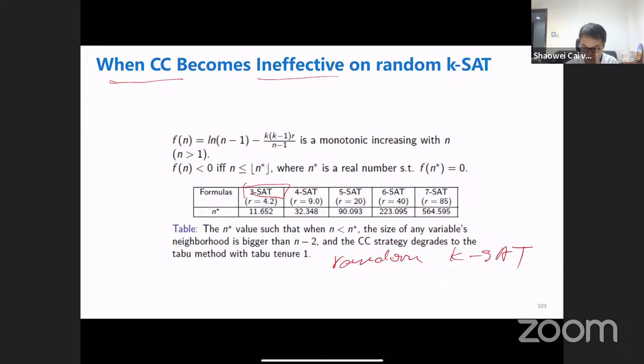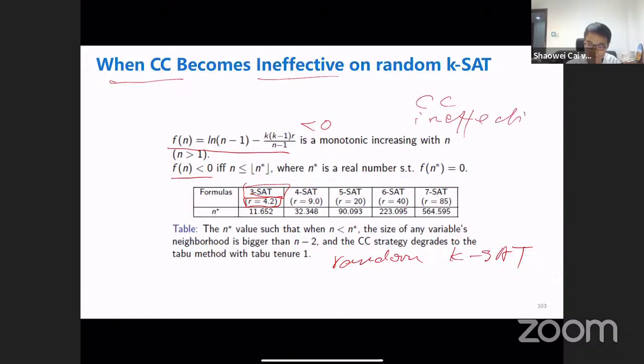If we fix the ratio, for example near the phase transition, only when this formula is smaller than 0 will CC become ineffective.